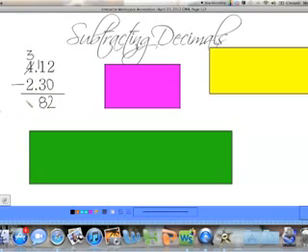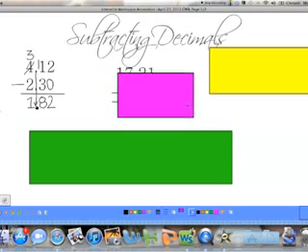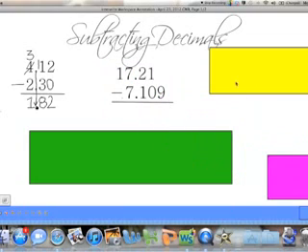And then 3 minus 2 is 1. Just like for adding, the last step of subtracting decimals is to bring down the decimal point. So our final answer becomes 1.82.